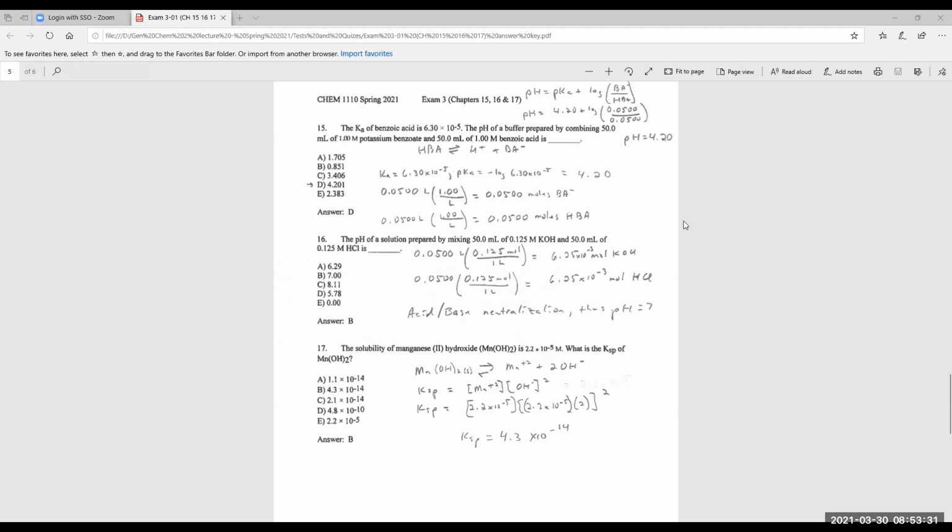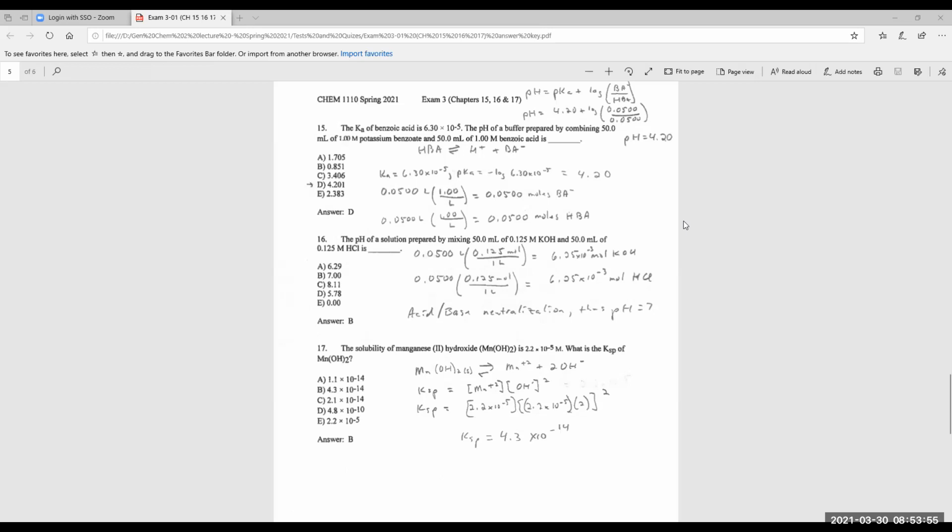Number 16, the pH of a solution prepared by mixing 50 mLs of 0.125 molar KOH and 50 mLs of 0.125 molar HCl is what? So what you want to do is calculate how many moles of each of those you have.